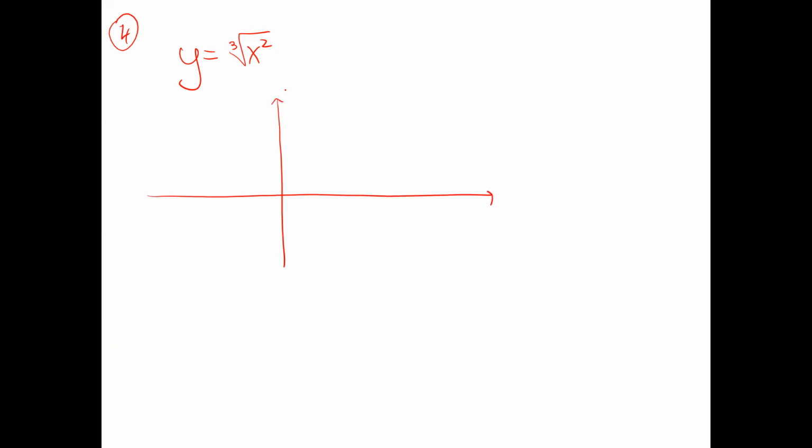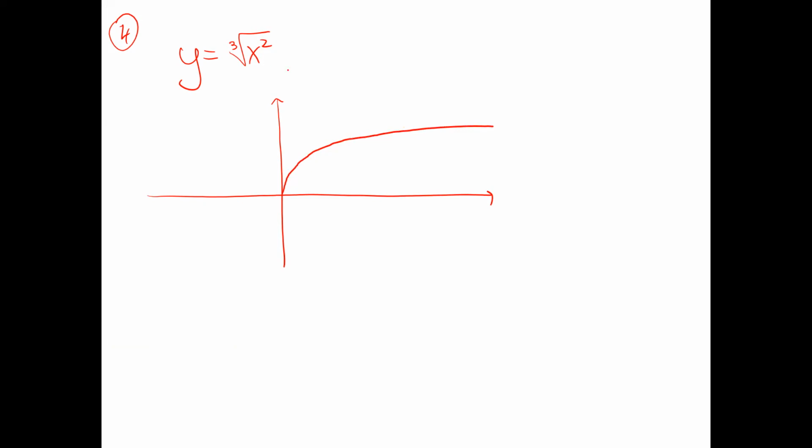Also, since I drew the cube root of x, another graph will be the cube root of x squared. That means similar functions. If that part was positive, it will stay. It will be a little bit higher because the values are squared.